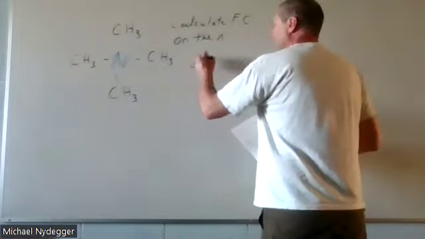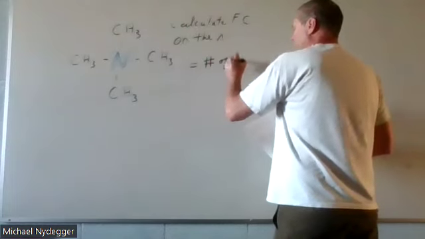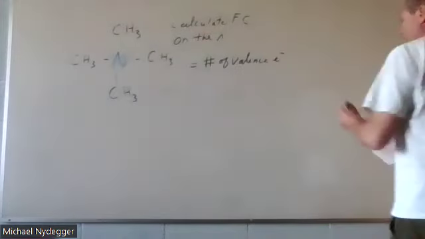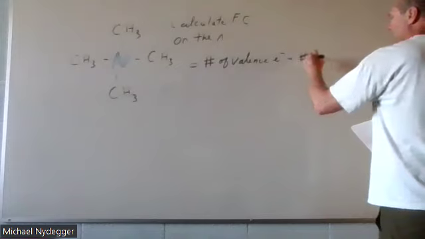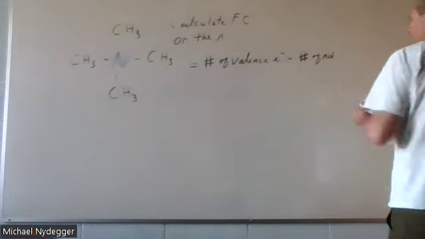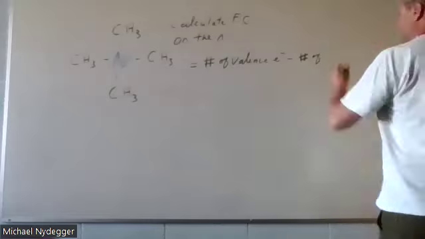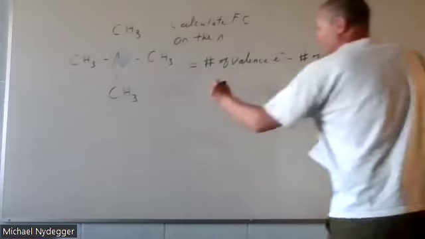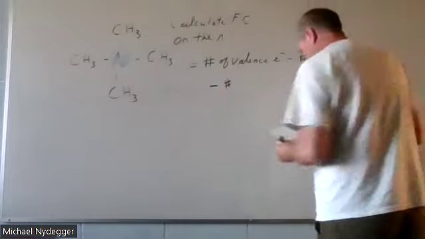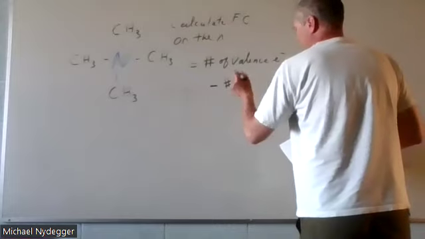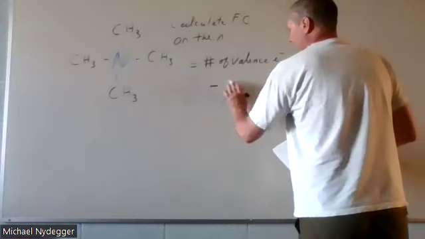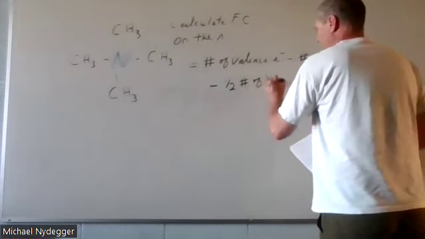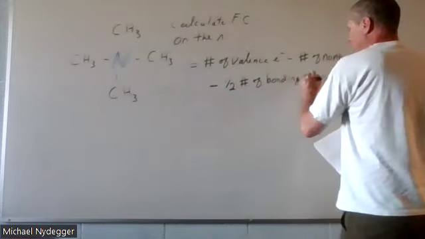That formal charge is equal to the number of valence electrons, minus the number of non-bonding electrons, minus 1/2 the number of bonding electrons.